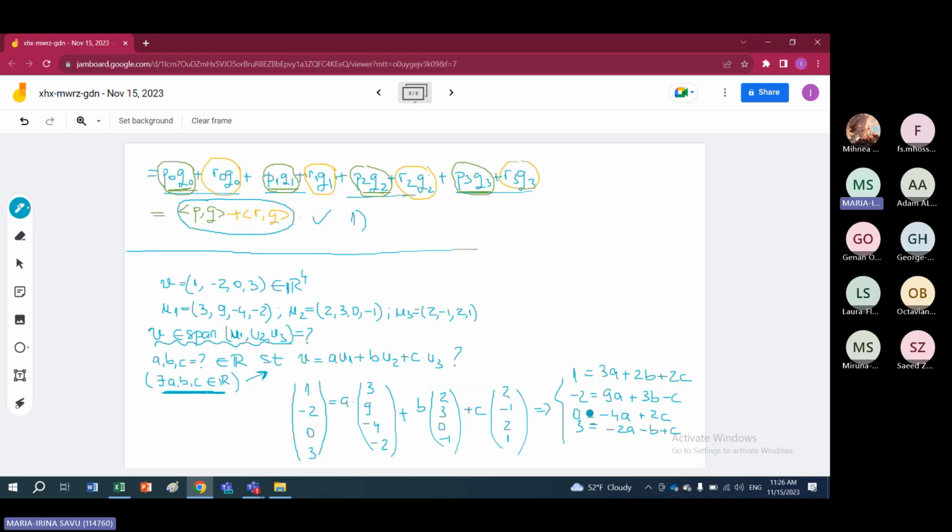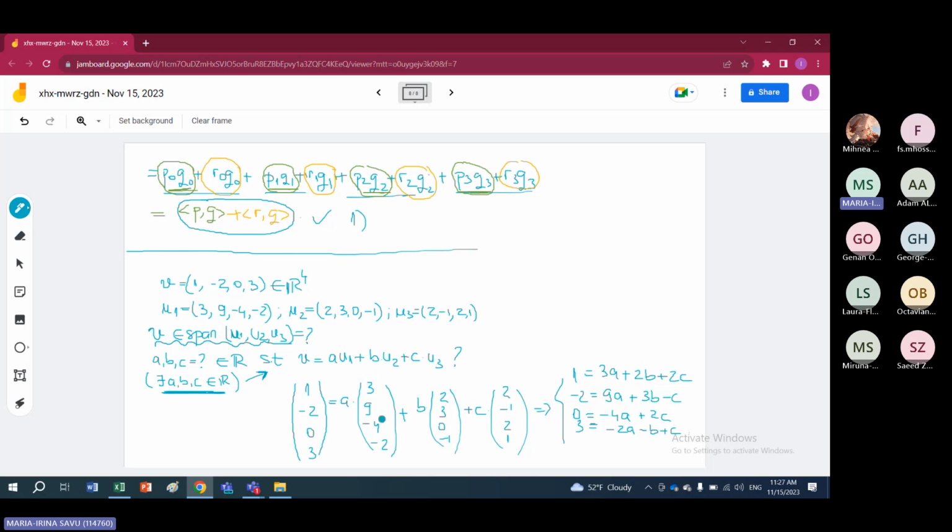It depends. You have to make the computations. Until you make the computations, you won't see which case we are in. So do you want to go to this now? Okay, let's see. You have the matrix associated to this system, which is actually the matrix given by these vectors.